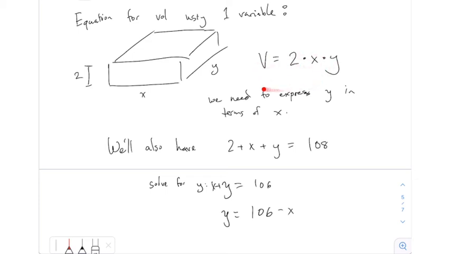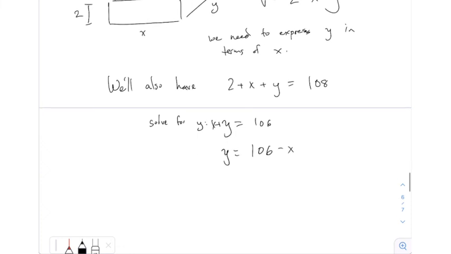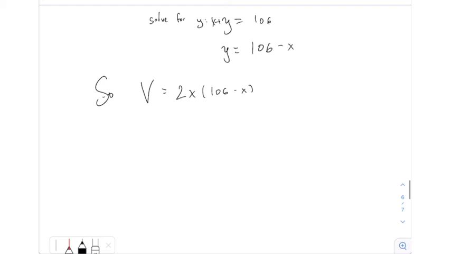So the volume is 2 times x times 106 minus x. This is a formula for the volume in terms of a single variable.